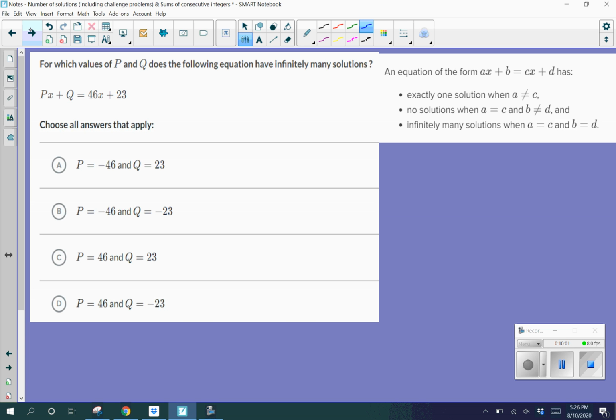Okay, here we're looking for, again, infinitely many solutions. So we're looking for A and C to be equal and B and D. Now notice they switched up your variables here. So instead of B and D, they gave you a capital Q and a 23. So these need to be the same, which means that this capital Q has to equal 23.